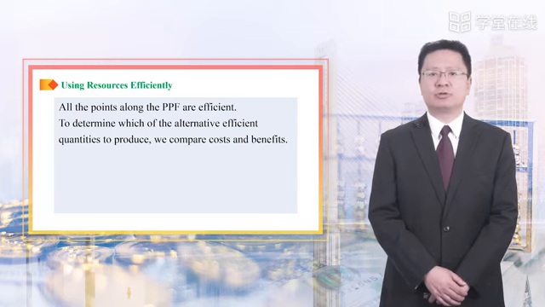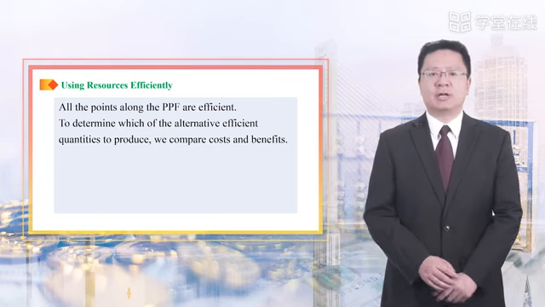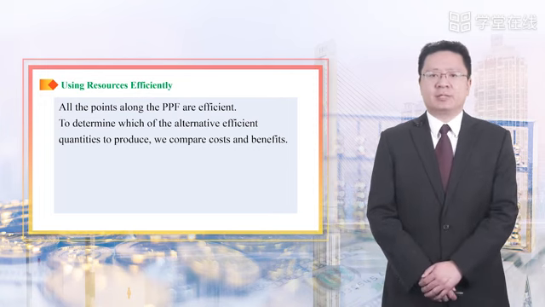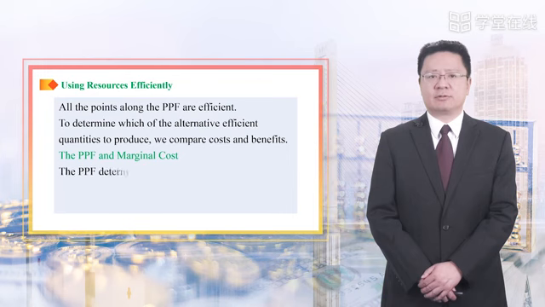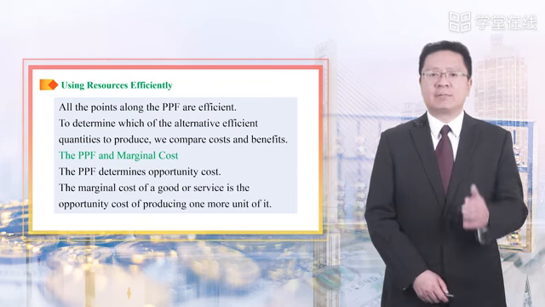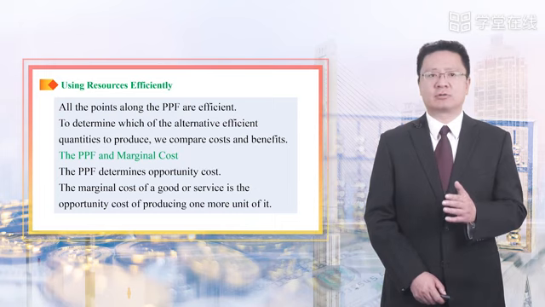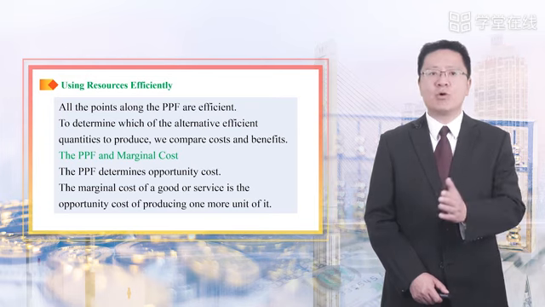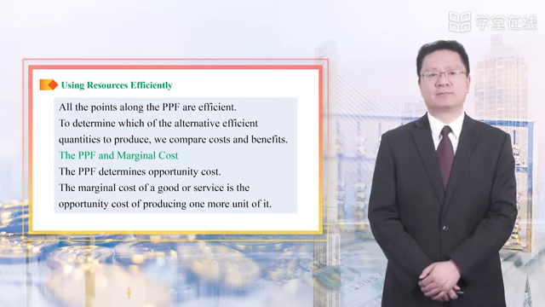To determine which of the alternative efficient quantities to produce, we compare cost and benefit. The PPF determines opportunity cost. The marginal cost of goods and services is the opportunity cost of producing one more unit of it.